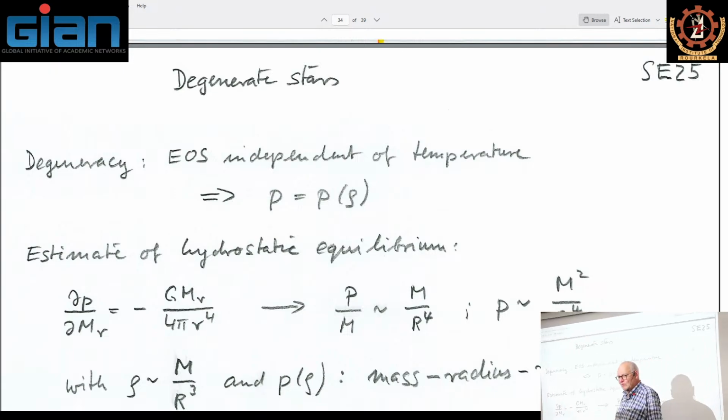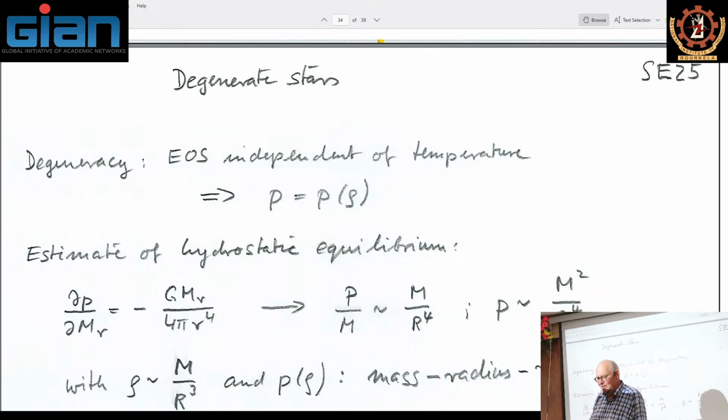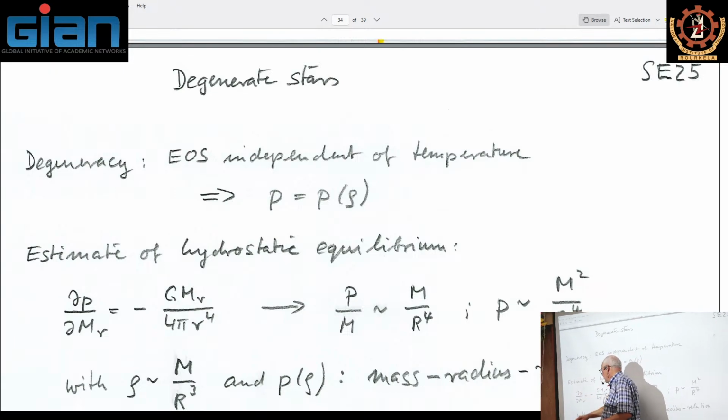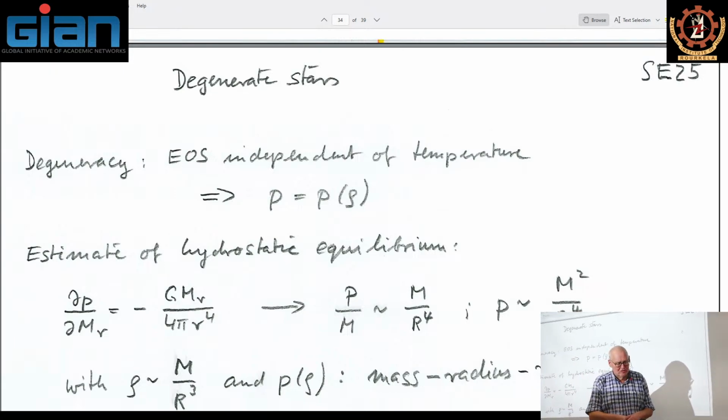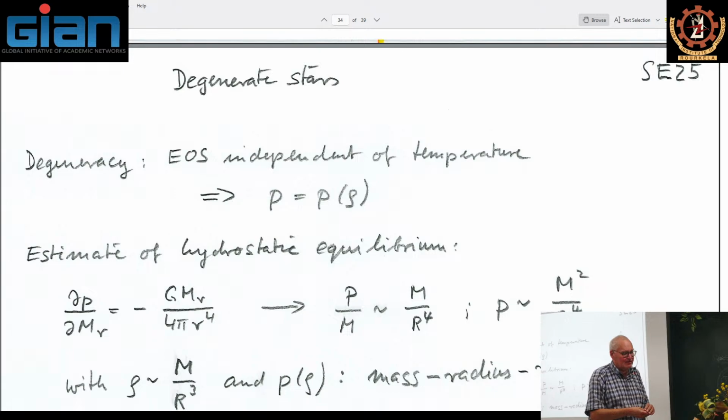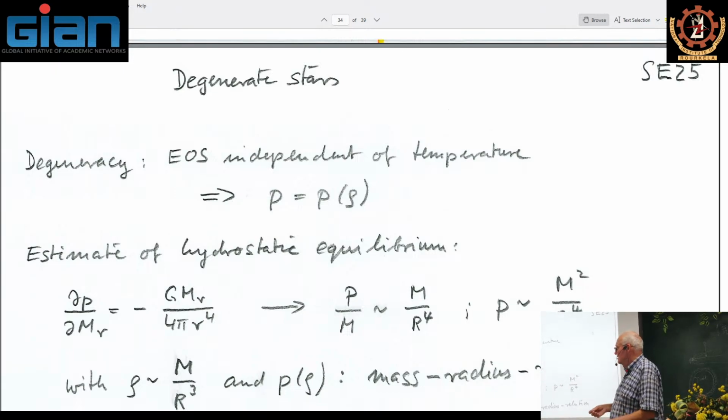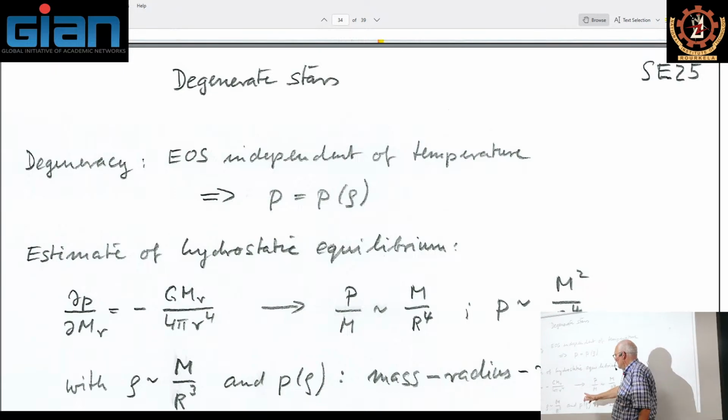Well, we go the usual way, we estimate our differential equations. Then pressure, the hydrostatic equilibrium, which is of course also valid for degenerate stars. Pressure gradient has to balance gravity.